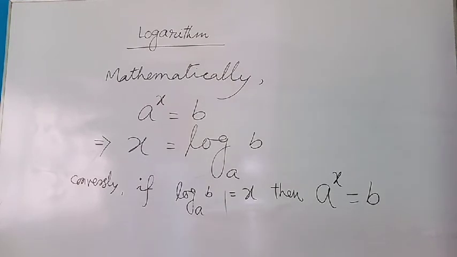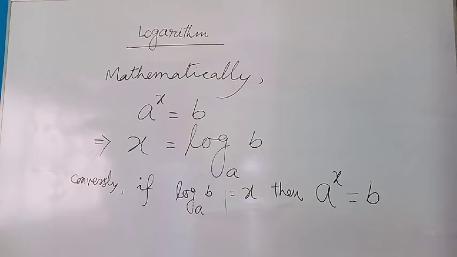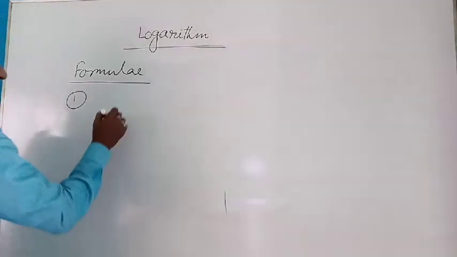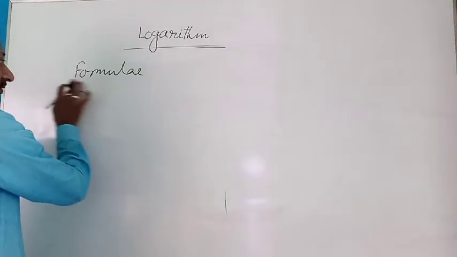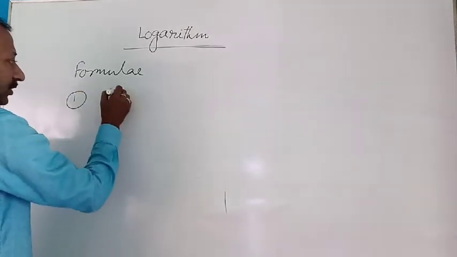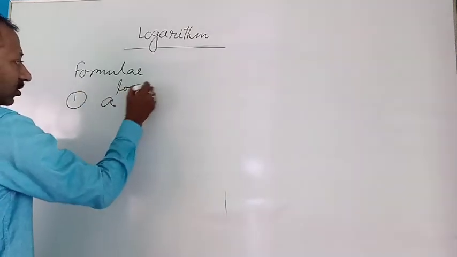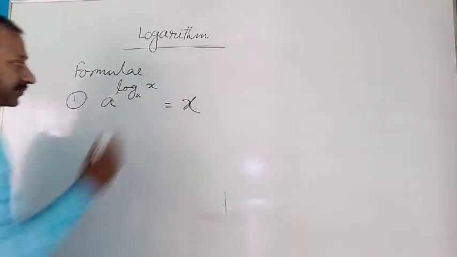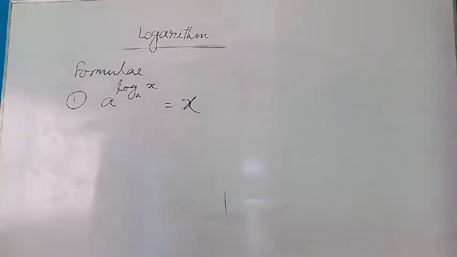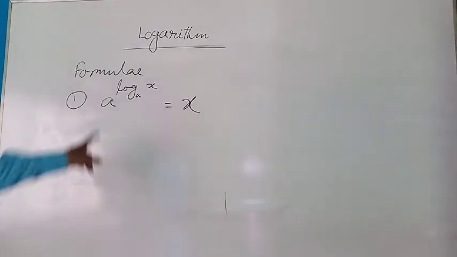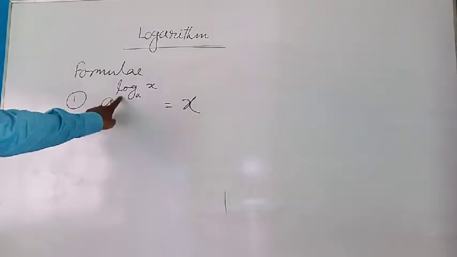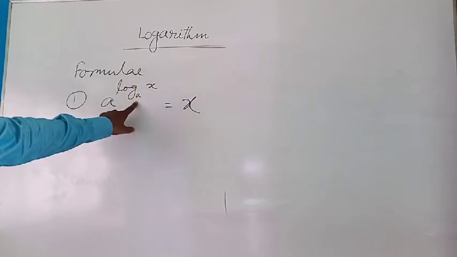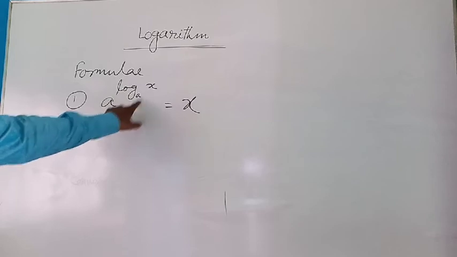Now let us learn some formulae related to log. Formula number 1. A to the power log x base a, answer is x. What I have written, a to the power log x, how to pronounce it? Log x base a. Don't read as log base a then x.